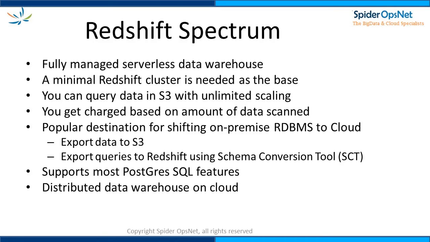Redshift Spectrum is a popular choice for migrating in-house data warehouses to cloud. You migrate the data to S3 as a data lake and migrate the queries to Redshift using the schema conversion tool provided by Redshift. It is a good example of decoupling of data and processing.